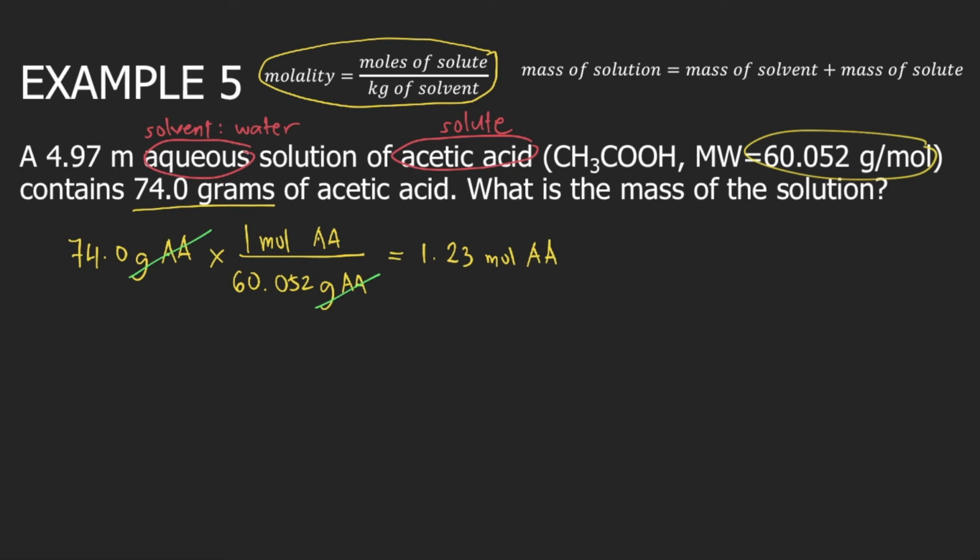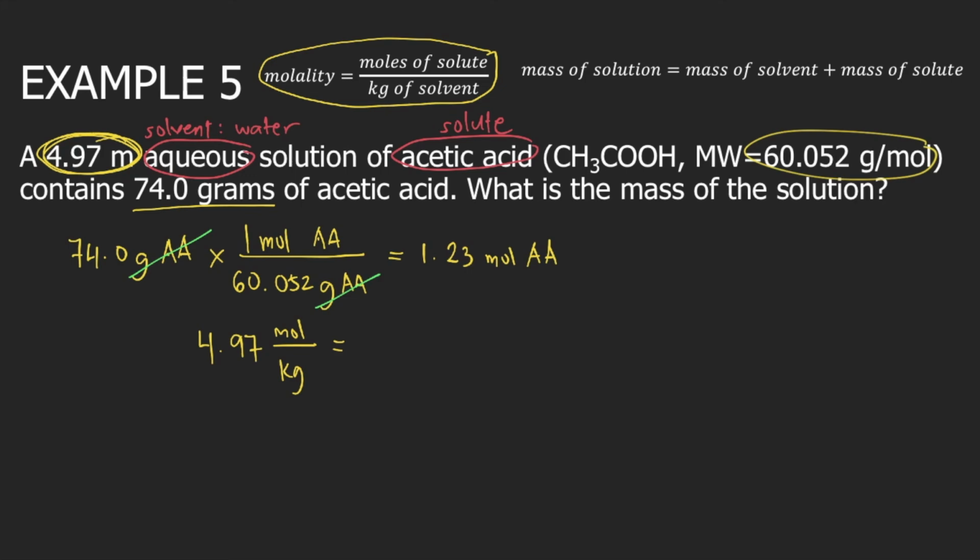So molality, we are given the molality 4.97 molal. Remember what I told you a while ago? When you say molal, that is also equivalent to mole per kg. So 4.97 molal is just 4.97 mole per kg.